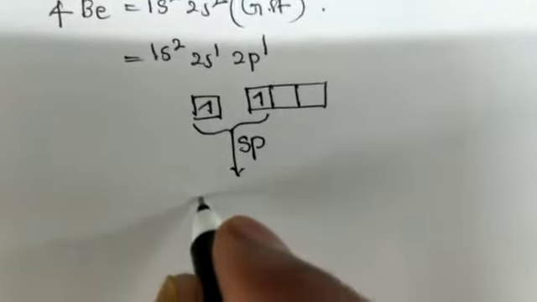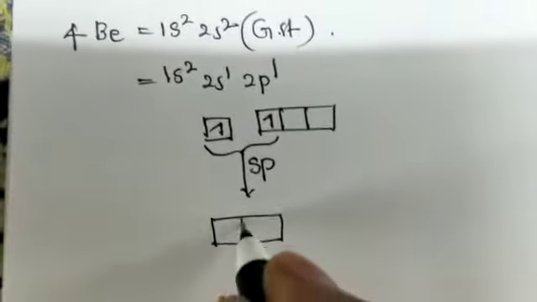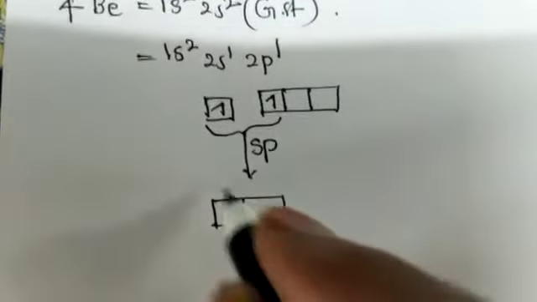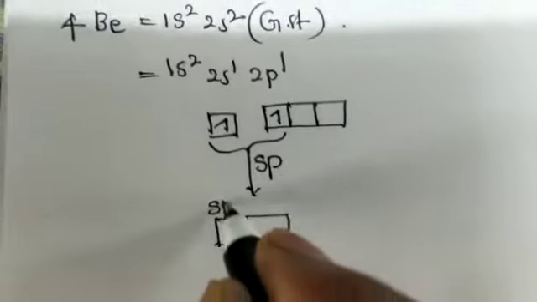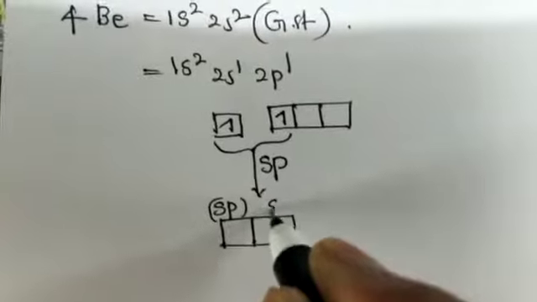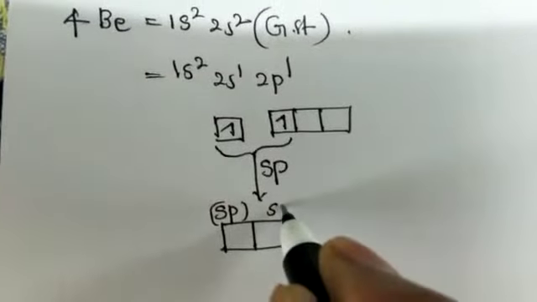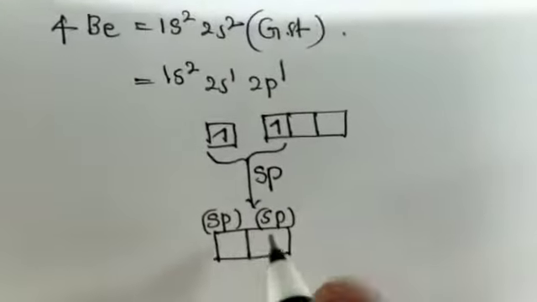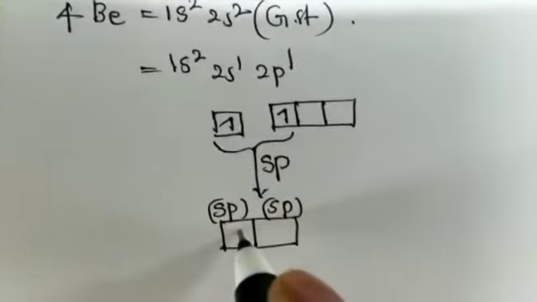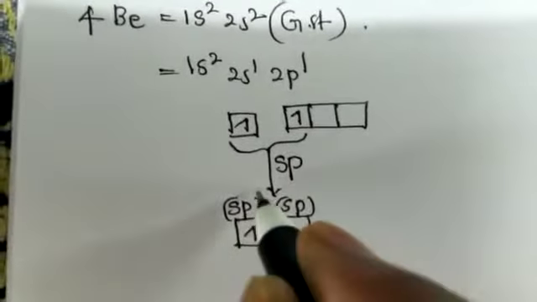It can form 2 equivalent-energy and equal-shape sp hybridized orbitals. One sp hybridized orbital contains 1 electron, and the other sp hybridized orbital also contains 1 electron.